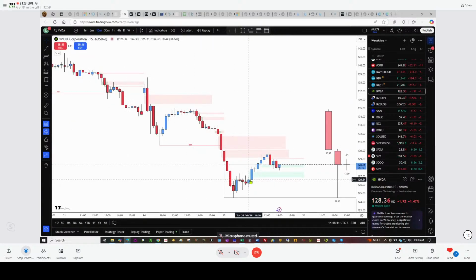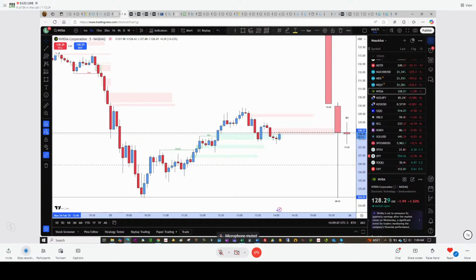So you can get in on the 15-minute, and you see this is the same thing that's going on, right? Same kind of thing. Change of character, sweep, retrace, buy. That's on the 15, 5. Same thing.